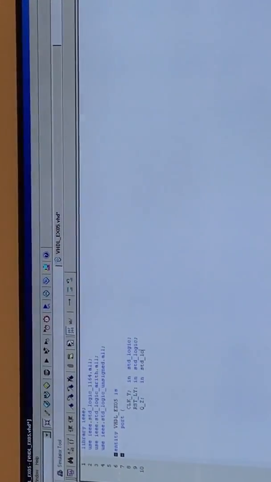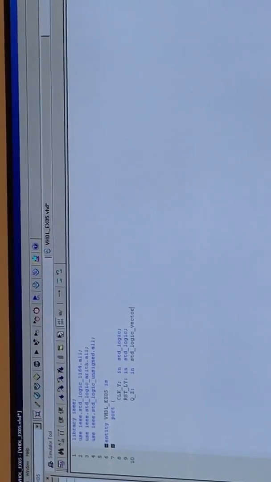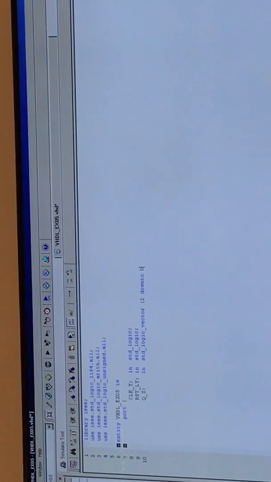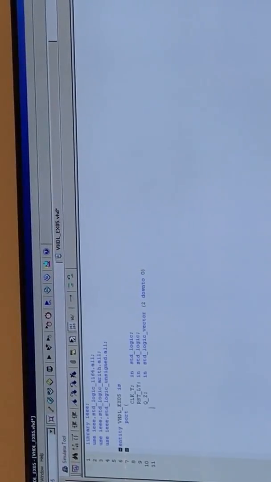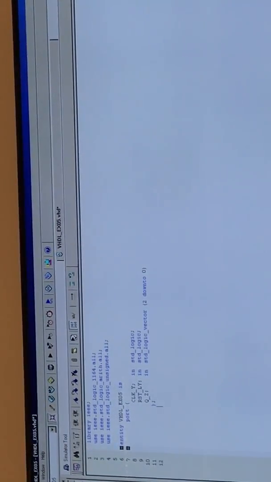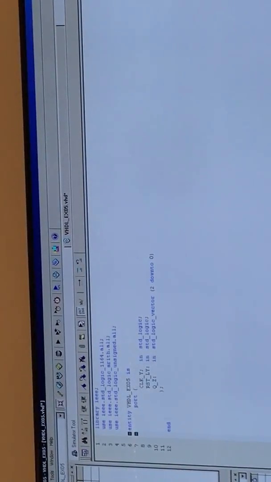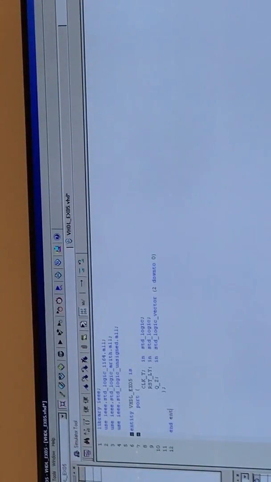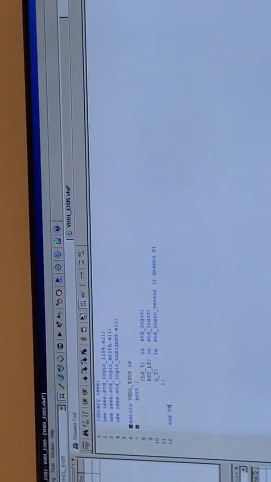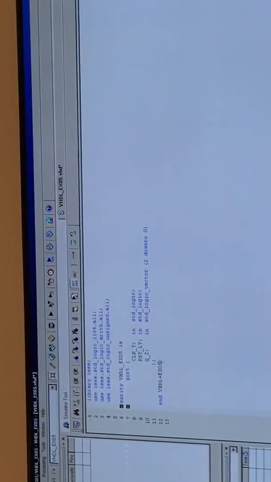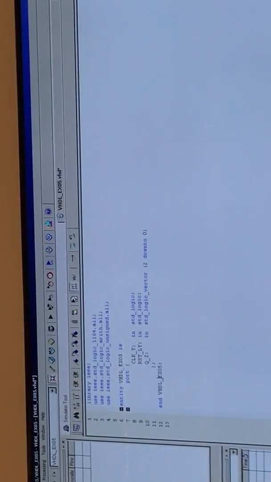This is a 3-bit counter, so we're going to use a vector, which is 2 down to 0. Good.